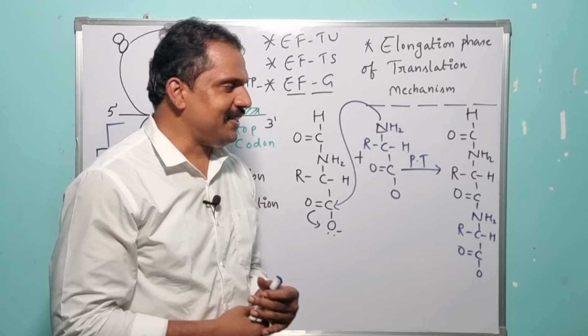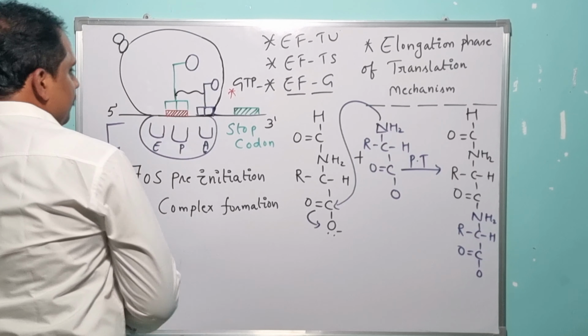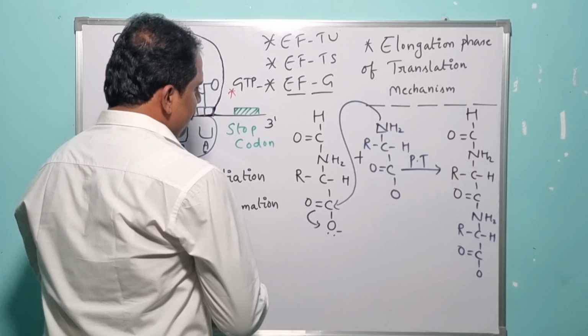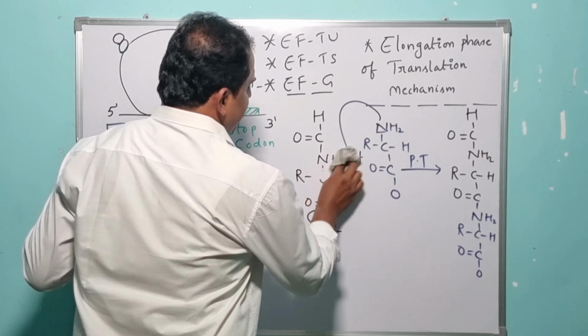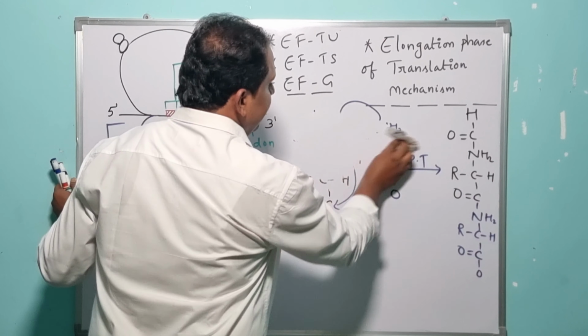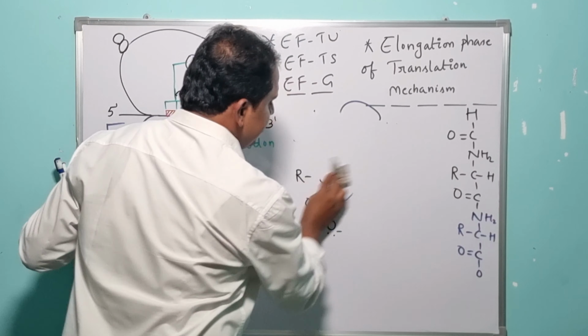So let me present it here. EFTU, which is in association with GDP, gets associated with EFTS, right?